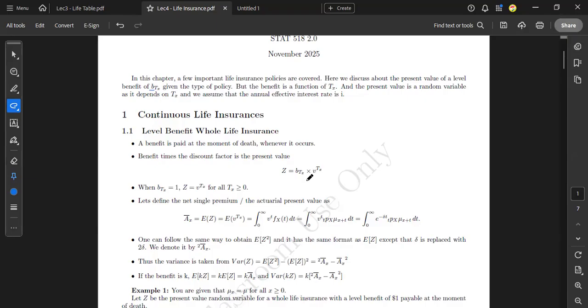And in the medical insurance you will have different kinds of claims for the same person. But in the life insurance, the benefit occurs only once when the death occurs.